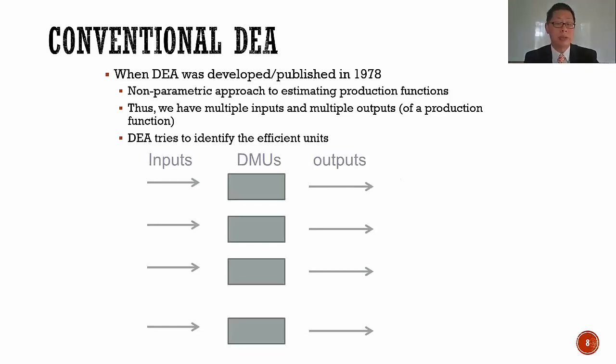You have a set of DMUs, let's say bank branches, for example, and then you have the inputs, say the number of tellers, the salaries, the investment on information technology like ATM machines, and outputs such as the number of deposits, transactions, loans, and so on. You have arrows going in, indicating the inputs, and then the outputs coming out. That's the traditional conventional DEA.